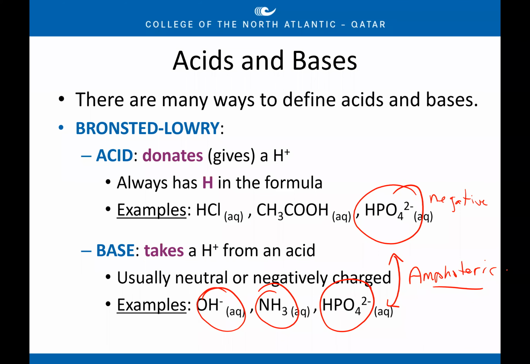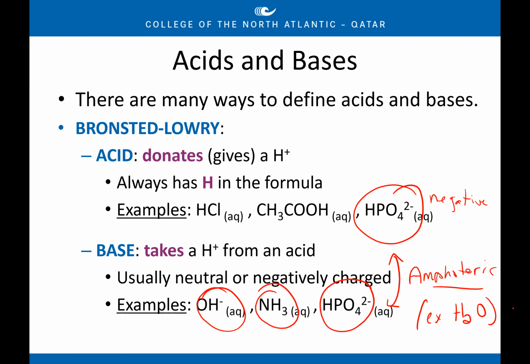You don't really need to worry about this term for a test or anything, but some chemicals can act as acids or bases, which means some chemicals can accept a proton like a base or can donate a proton like an acid. A good example of an amphoteric substance, something you're all familiar with, I'm sure, is water.